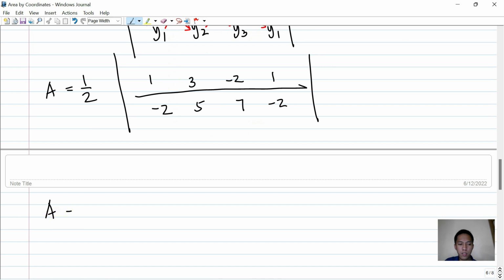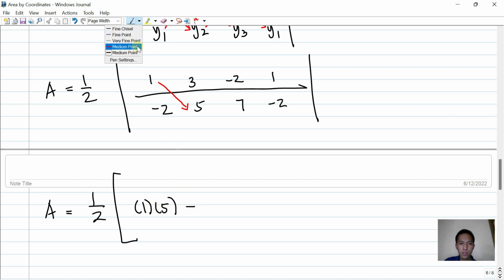Okay, so we have here A is equal to 1/2 times. So we have here 1 times 5, minus, we have here -2 times 3 plus, okay, nag-alternate guys yung sign.